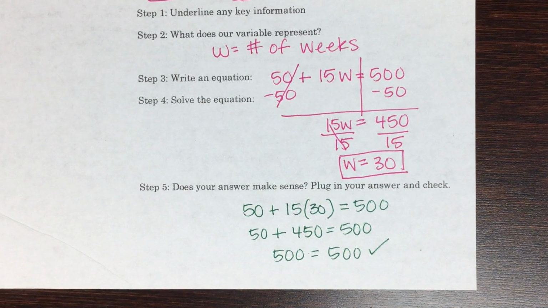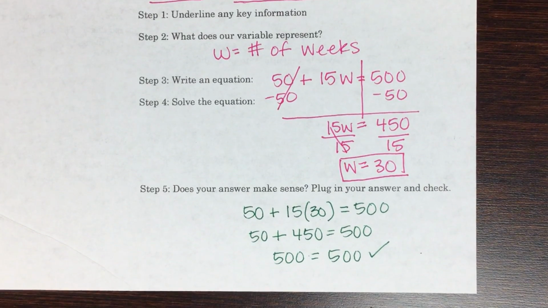So it will take him 30 weeks to save, plus that original 50 deposit, to save $500. And I know my answer is right because I just took W and plopped it right in there. When you're done, flip it over.